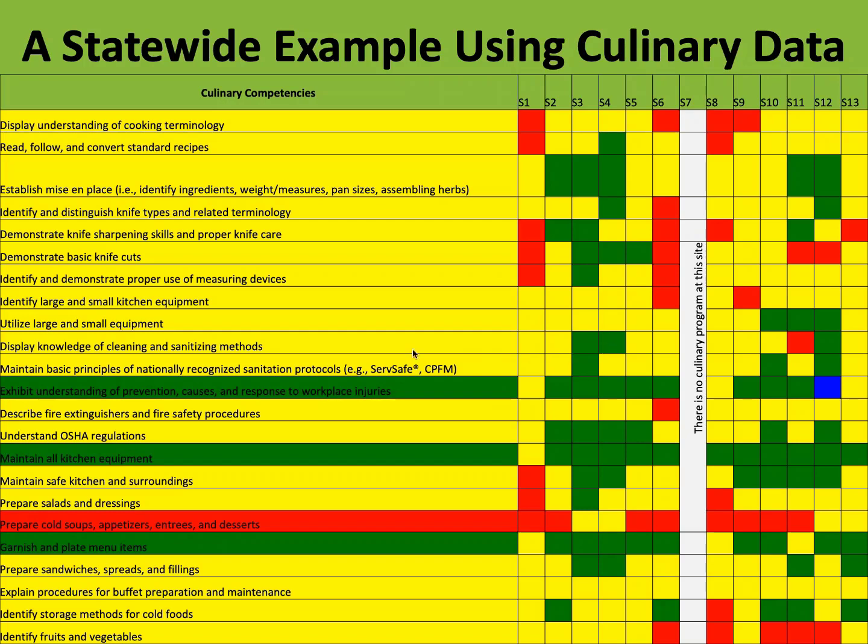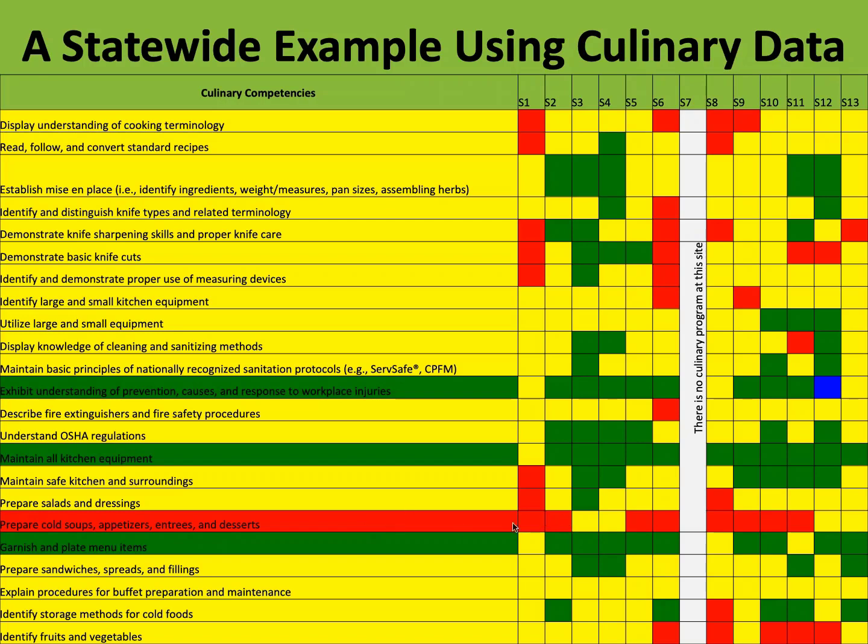So as a state administrator, what you could do with this kind of data, or if you have a school with a number of branches that you have similar programs in, think about what you could do with this kind of data. Well, take a look down here at the red one, preparing cold soups, appetizers, entrees, and desserts.